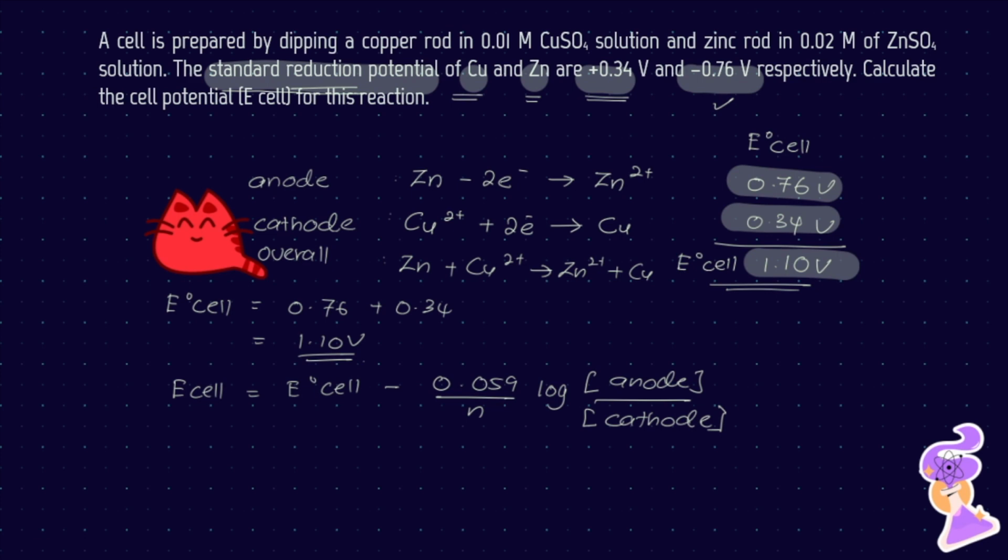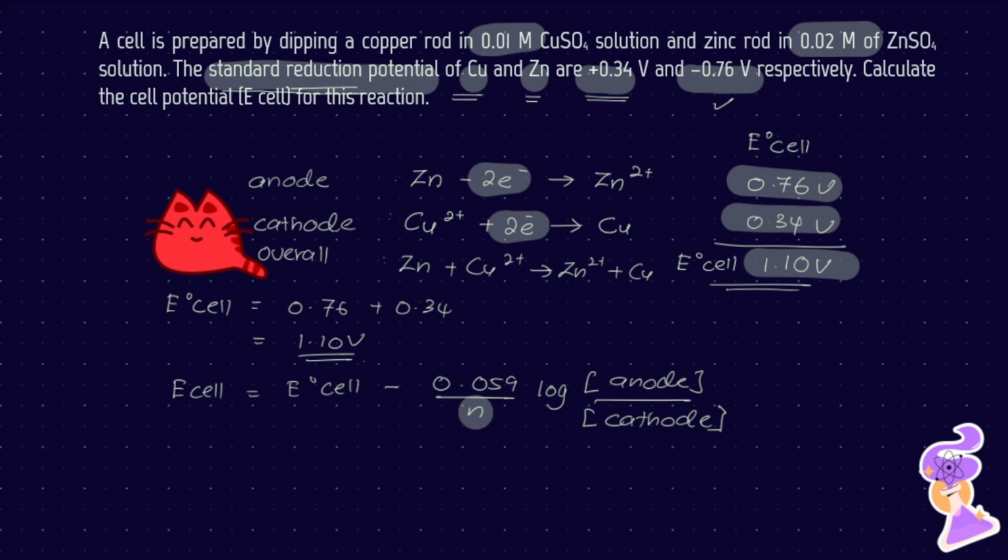Now, what is your n? The n is the number of electrons in your half reaction. Altogether we have 2 electrons, so your n is equivalent to 2. The anode is actually the zinc sulfate, so the concentration is 0.02, and your cathode is copper sulfate and the concentration is 0.01.